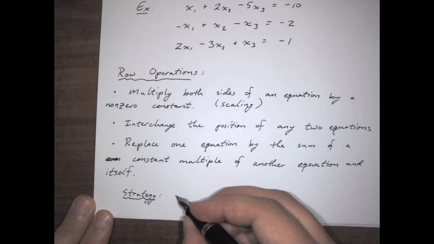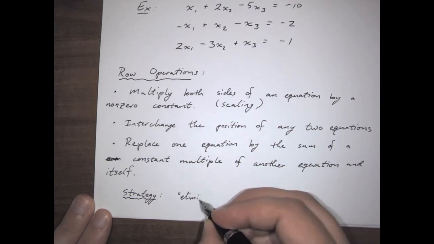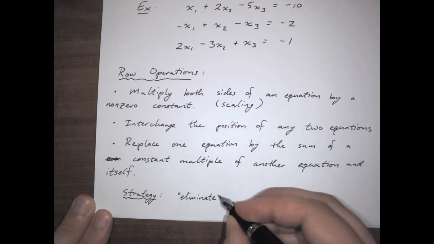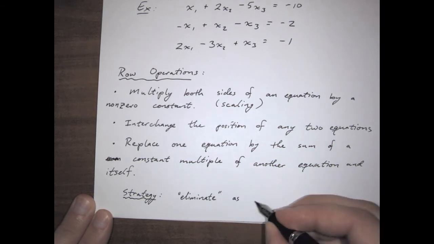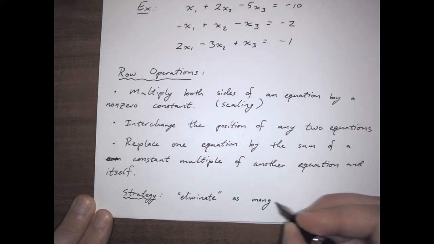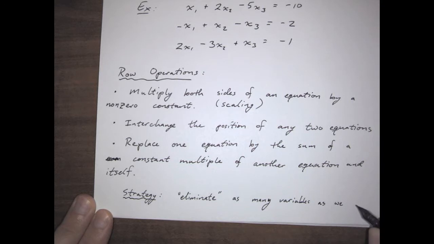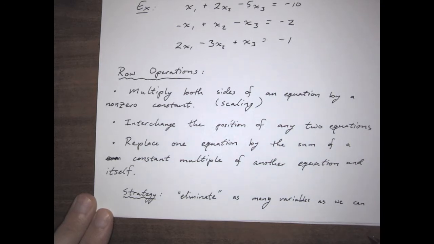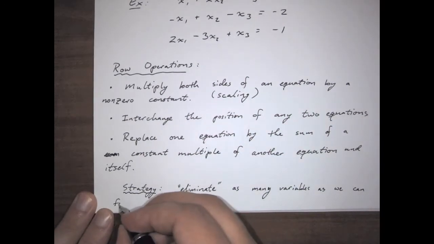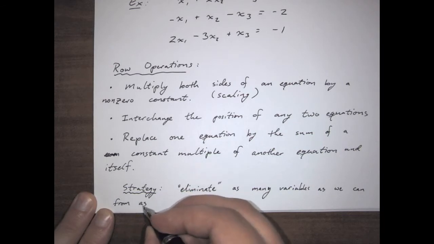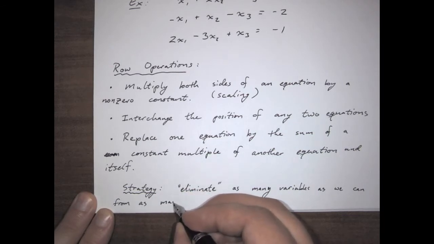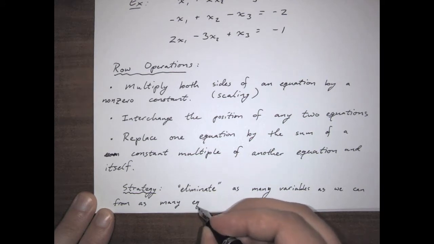So the strategy is to eliminate as many variables as we can from as many equations as we can.